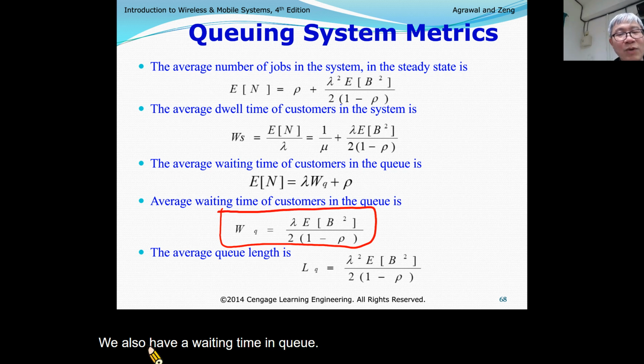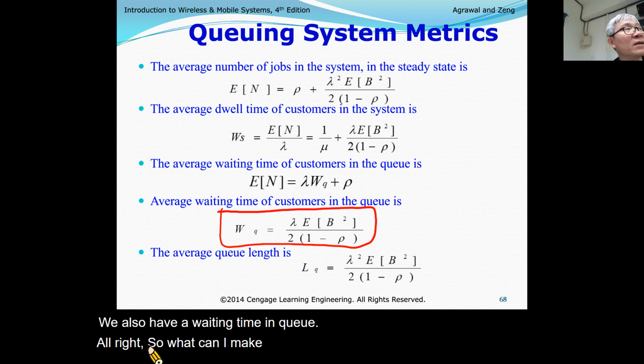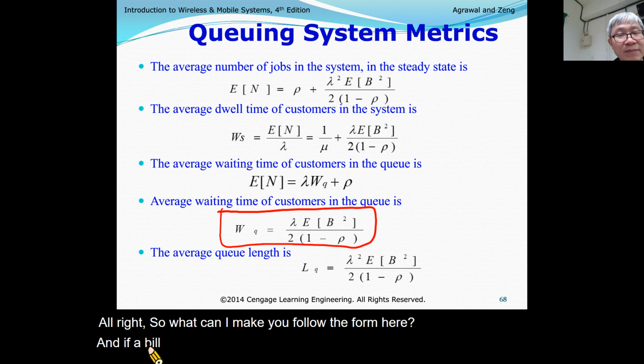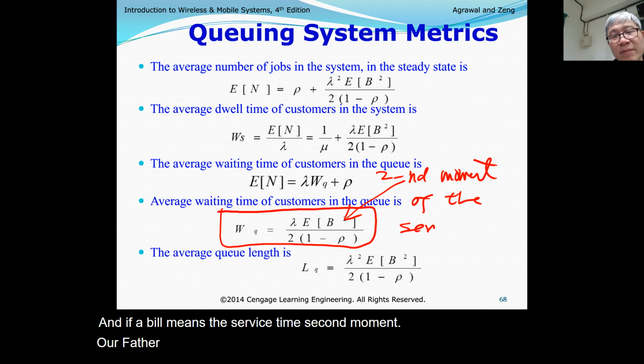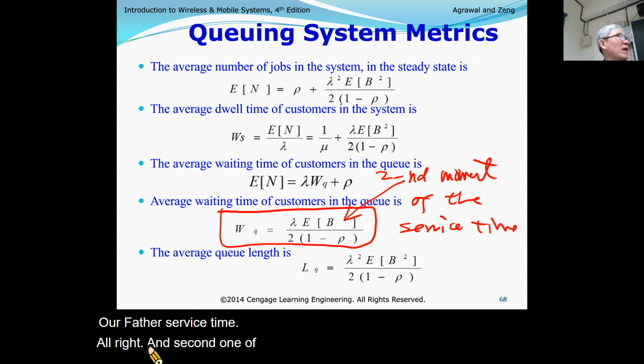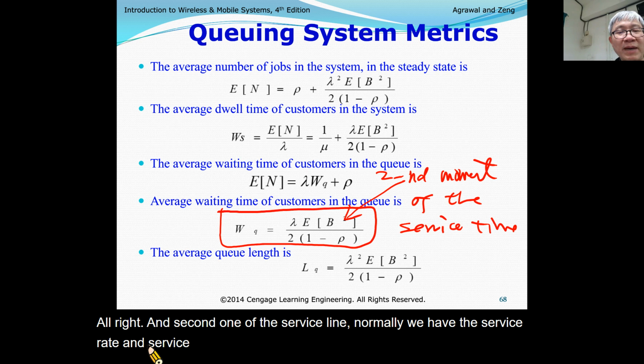All right, so waiting time in queue, follow the formula here. And B means the service time, the second moment of the service time. Normally we have the service rate, and we can denote the service rate by mu.